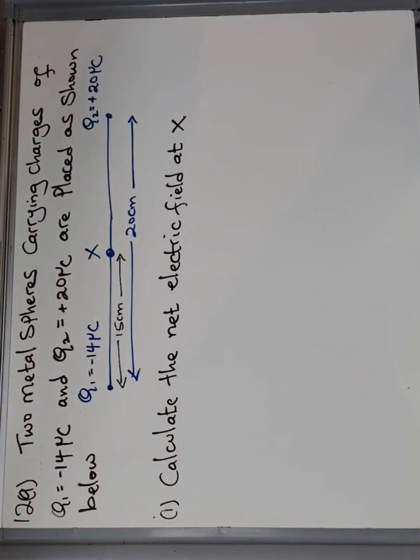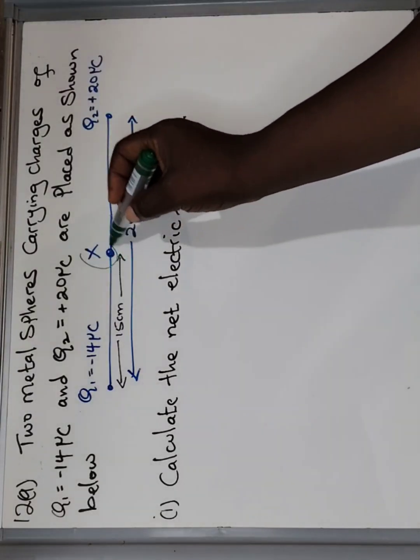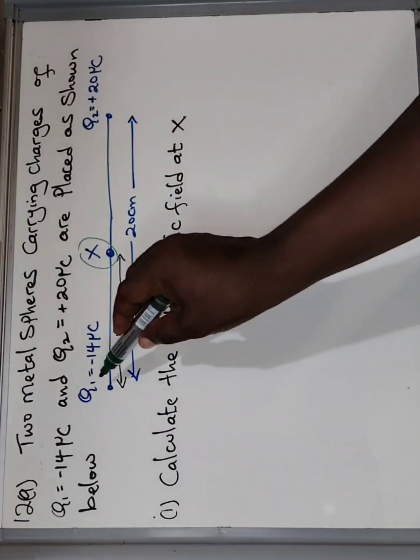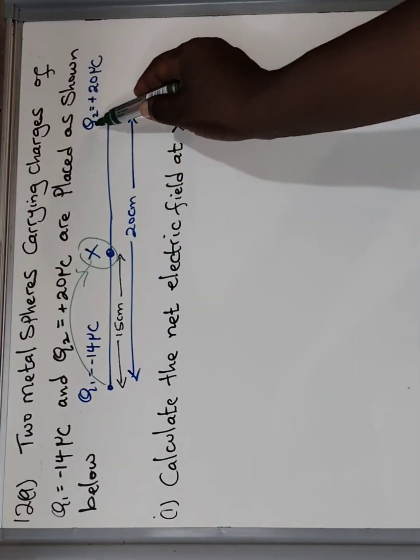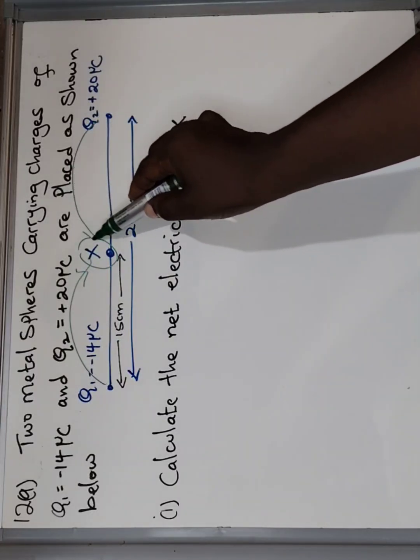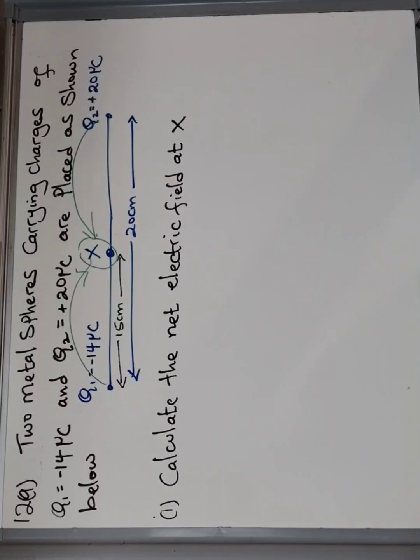How do you go about this? You have to know that we have point X as our interest, and this charge has influence at X, and this sphere has influence at X. So when the two influences interact, what you get is going to be the net electric field of the two interferences at X. So what are you going to say here?